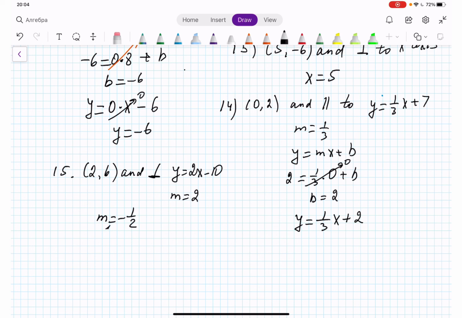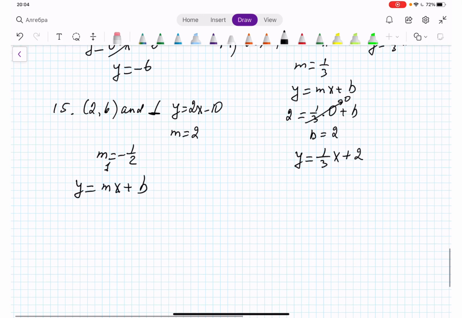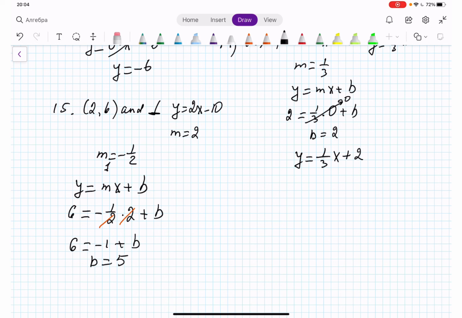Okay? So we are going to get y is equal mx plus b. My y is 6, m is -1/2, and x is 2, plus b. So this 2 and 2 are canceling, and we are getting 6 is equal negative 1 plus b, and b is equal positive 5.